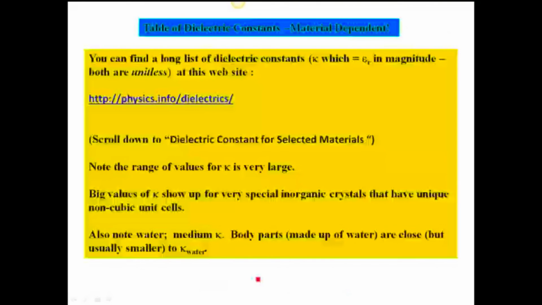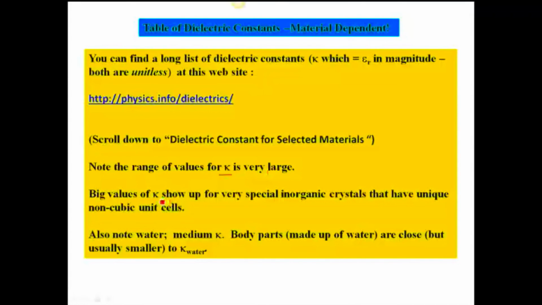You can find a table of dielectric constants, and clearly you'll see that they're material dependent. There's a long list of these at this website. If you scroll down on this web page to dielectric constant for selected materials, you'll see this table. What I'd like you to look at is that the range of kappa is very large.